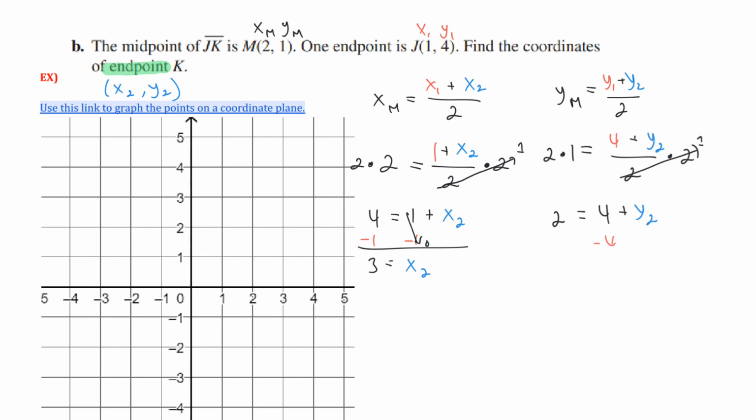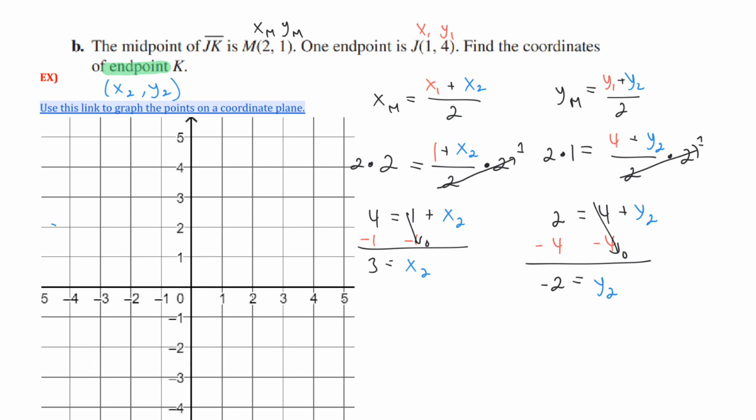Last but not least, we're going to subtract 4 on both sides of the equation. 2 minus 4 gives me a negative 2, and this is going to be equal to, this becomes a 0, plus y2. And there we go. But again, keep in mind that what we found is the coordinates of the endpoint K.